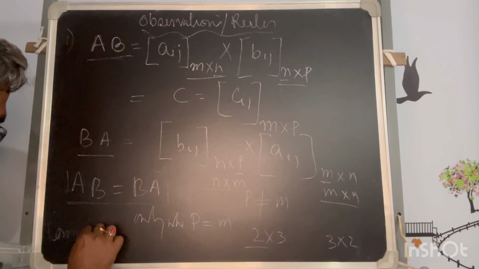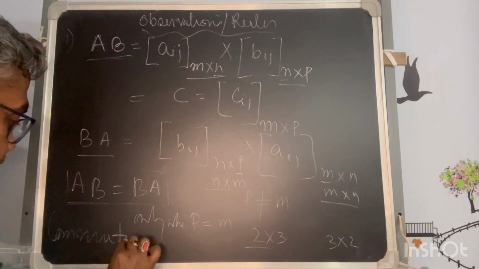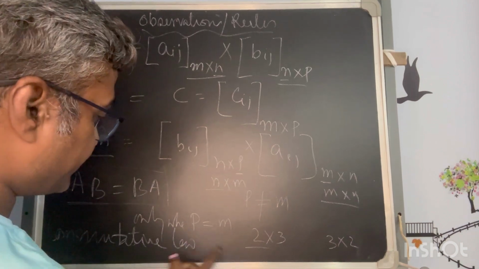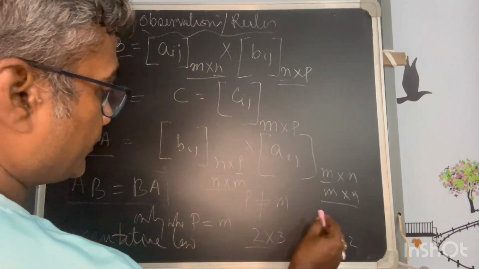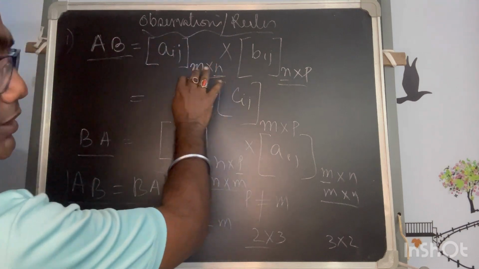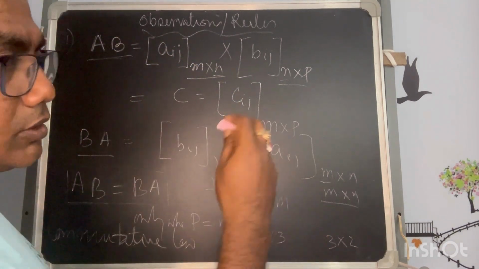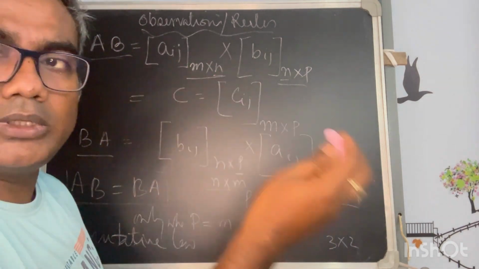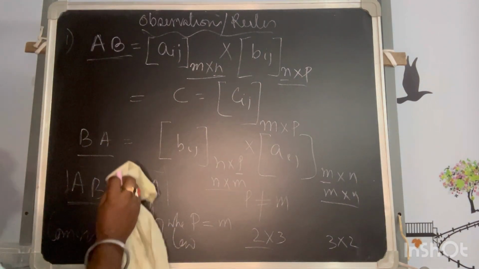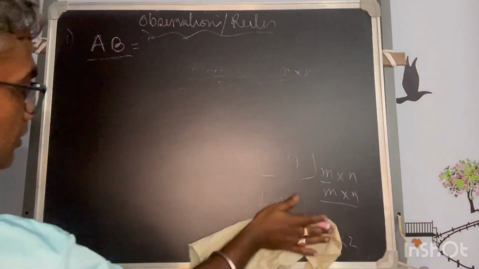So the commutative law of multiplication is satisfied only when the order is reversed. If the order of the first is m into n, the order of the second has to be n into m. Understood?